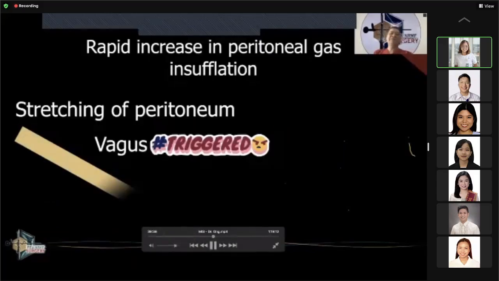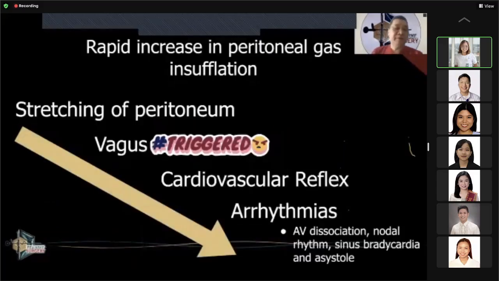So what happens during initial pneumoperitoneum? Again, when you infuse air into the peritoneal cavity, the insufflator can give you around 40 to 50 liters per minute. Your abdomen can only accommodate around 4 to 5 liters of air.